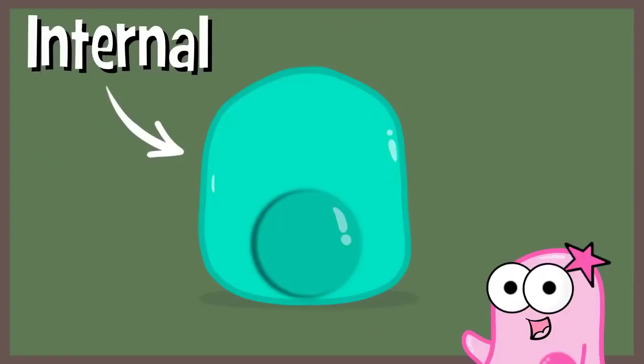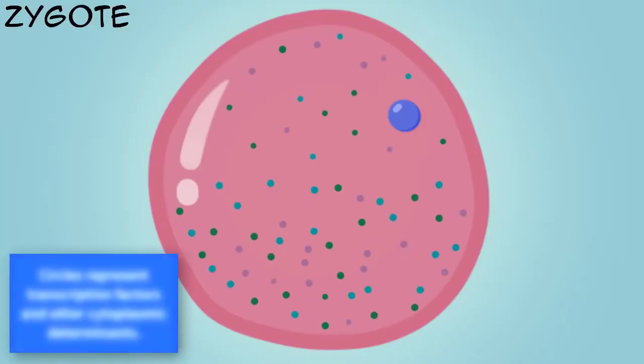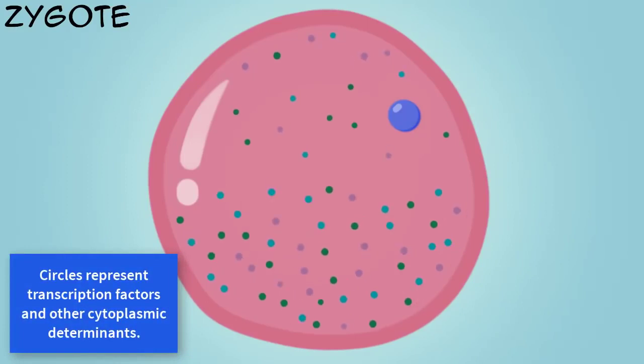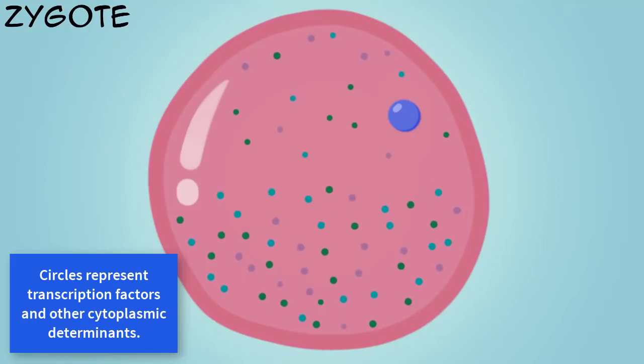There are both internal and external cues for stem cells, which can involve these transcription factors. Examples? Okay, an example of an internal cue could be transcription factors present in the cytoplasm of the original starting zygote cell, which will eventually be present in the cells that come from it.